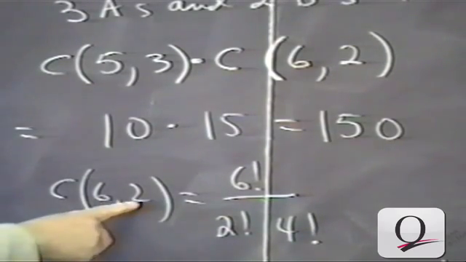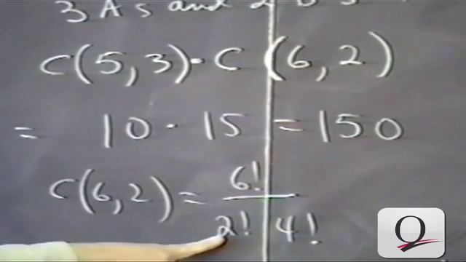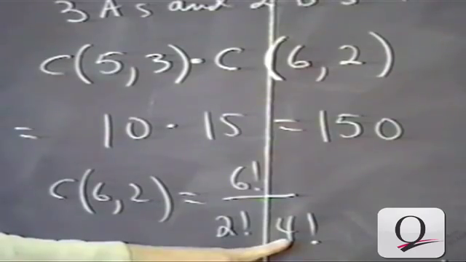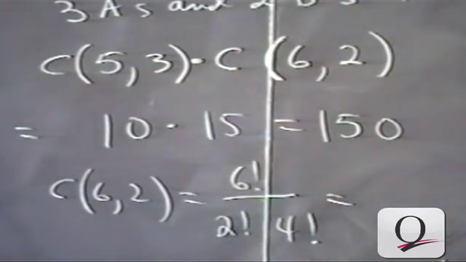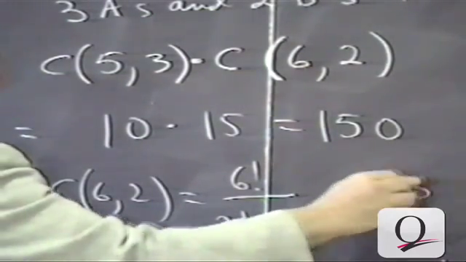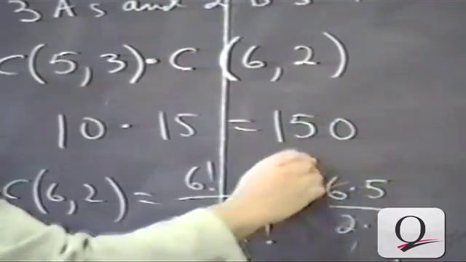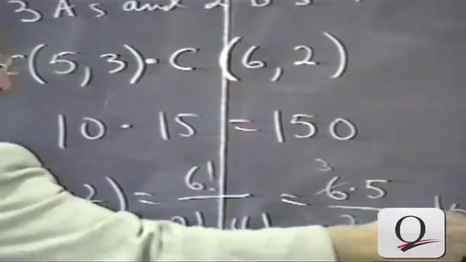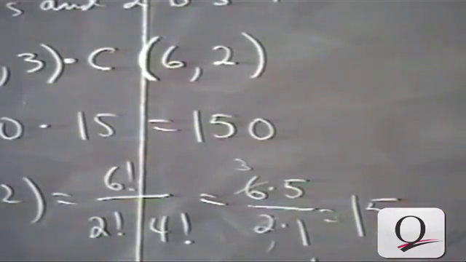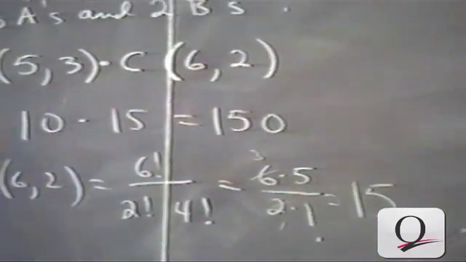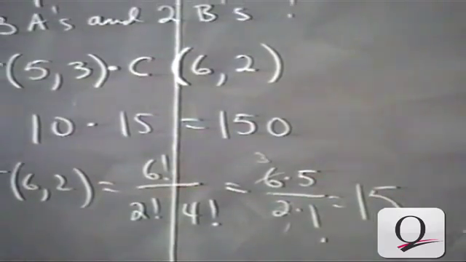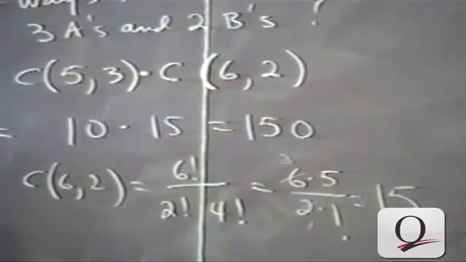C(n,r) is n factorial over r factorial times (n minus r) factorial. And you see that C(6,2) is 15. So we have 10 times 15 equals 150.